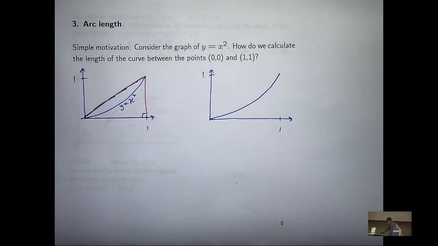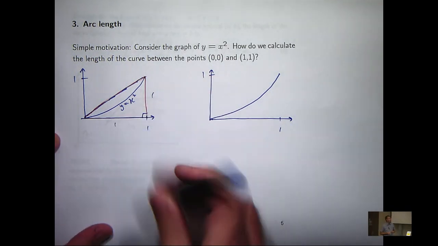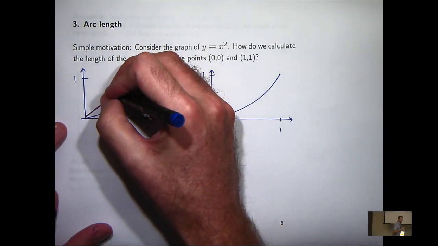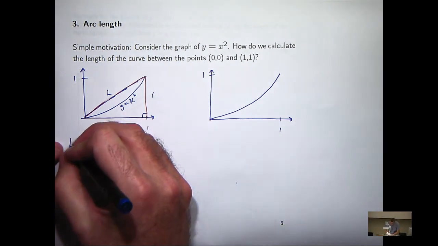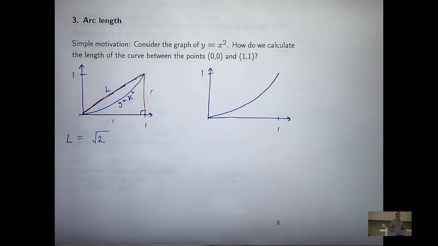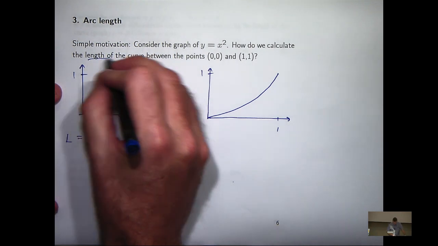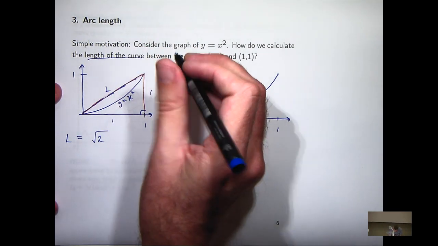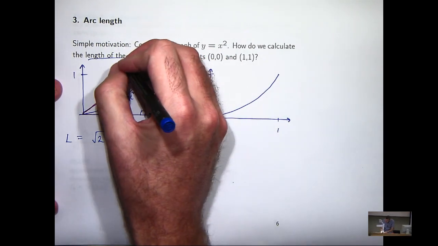So if I have a triangle with sides 1 and 1, then Pythagoras tells us that the length of that hypotenuse must be root 2. So let the length of the curve be given by, I don't know, c or something.